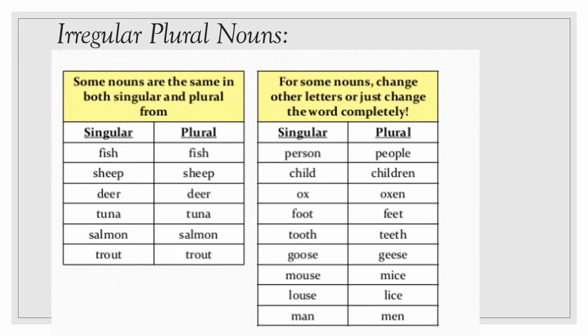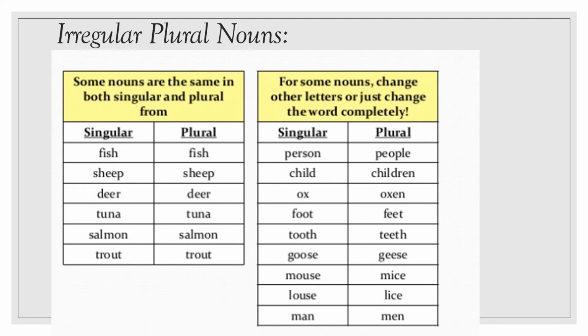For example, fish, we don't say fishes, it's fish. Sheep, we don't say sheeps, it stays as sheep. Deer, tuna, salmon, trout, these are kinds of fish, tuna, salmon, and trout. So they stay the same in their singular and in their plural form.